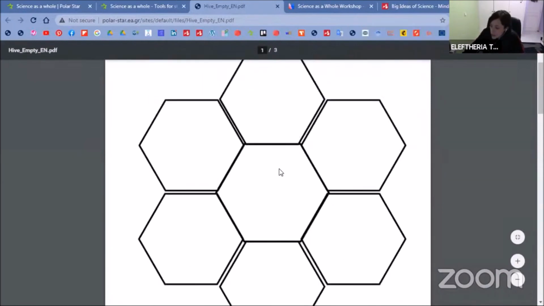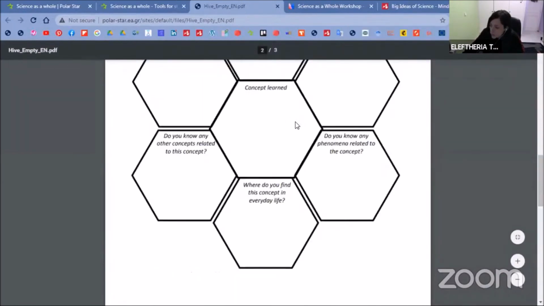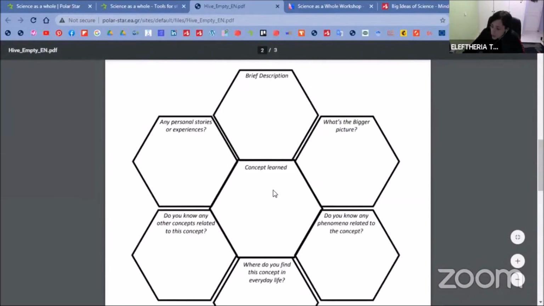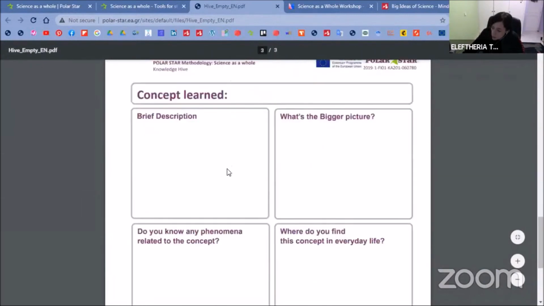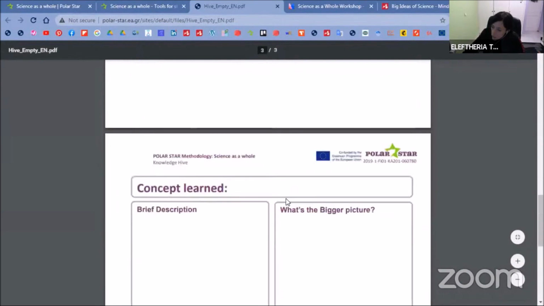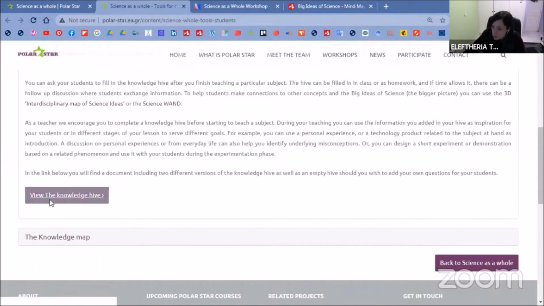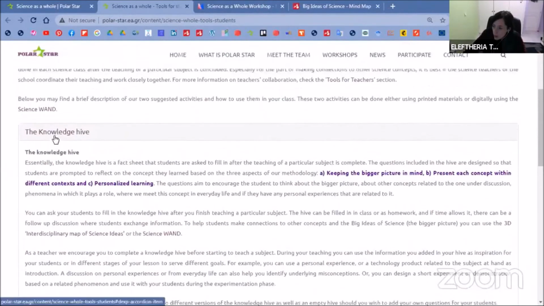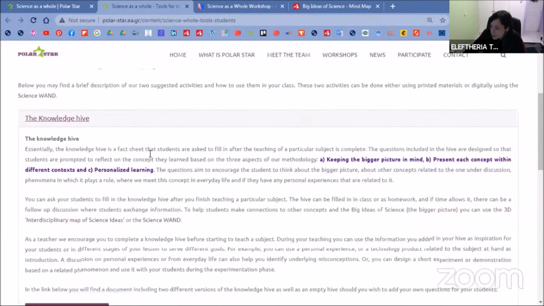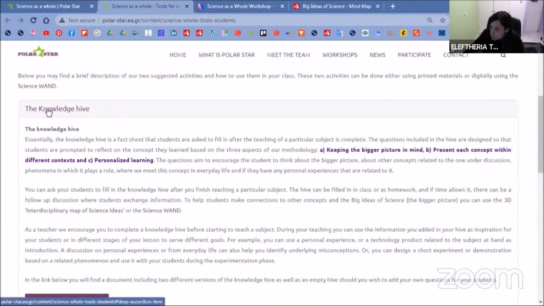We have an empty hive, a pre-filled hive, and the same questions in a more traditional presentation, so you can directly print that and use it in school. We're also going to be translating that into the languages of the consortium. And of course, here I explain how to use it.